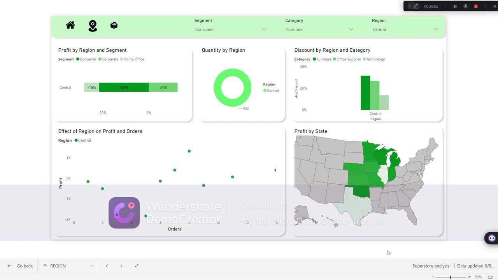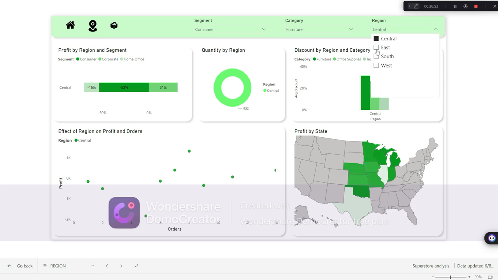Now profit by state, Texas is the highest in loss for the consumer segment and furniture category in central region. And we have Oklahoma, profit is about 1466, and likewise others. Also Illinois makes a loss of 5K.